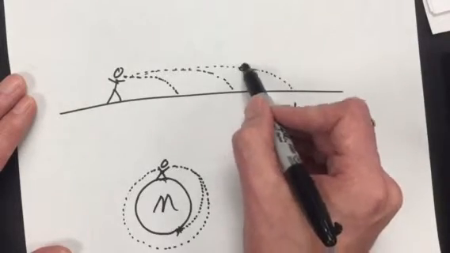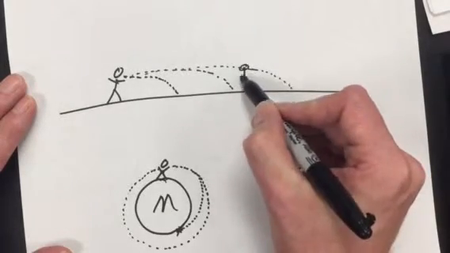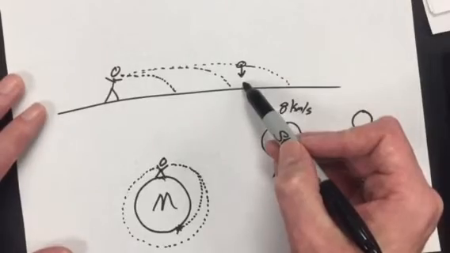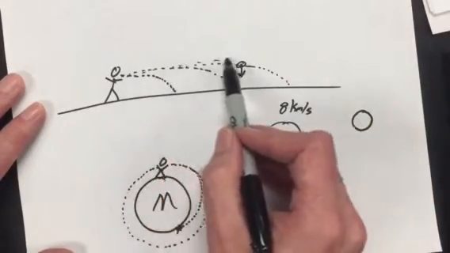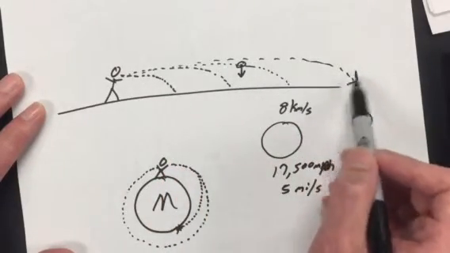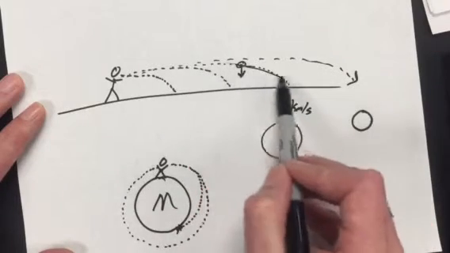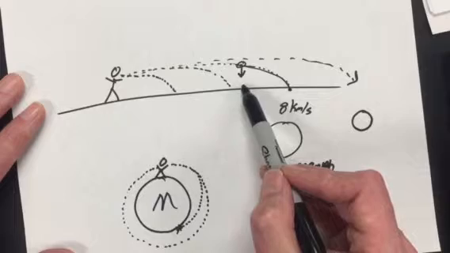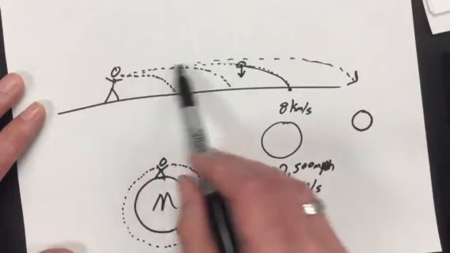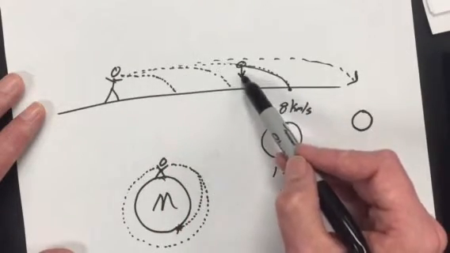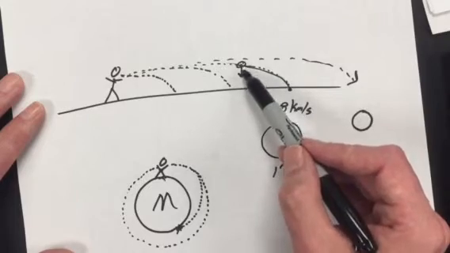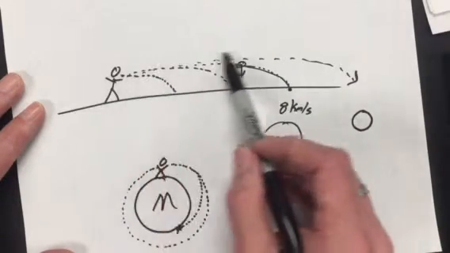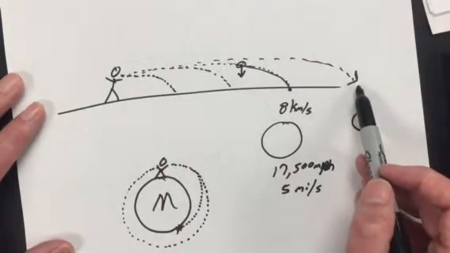What's making it curve is the acceleration due to gravity of the Earth. But if you were on the moon and you threw something, because the acceleration of its gravity is much less, you could throw it much farther.